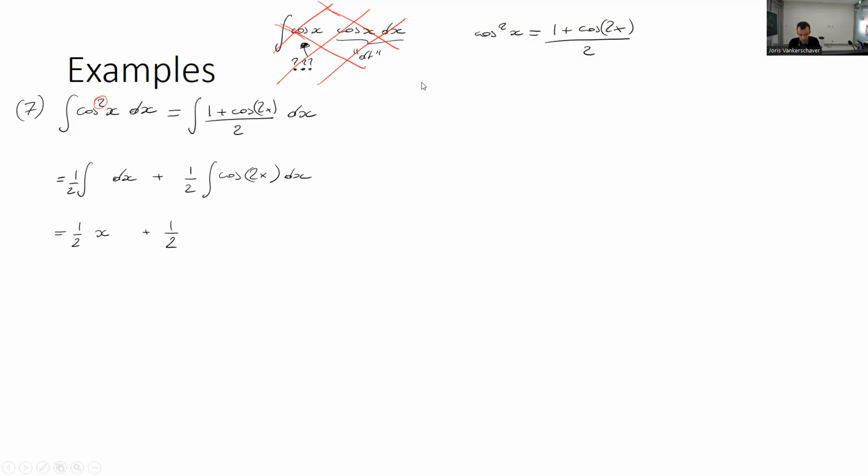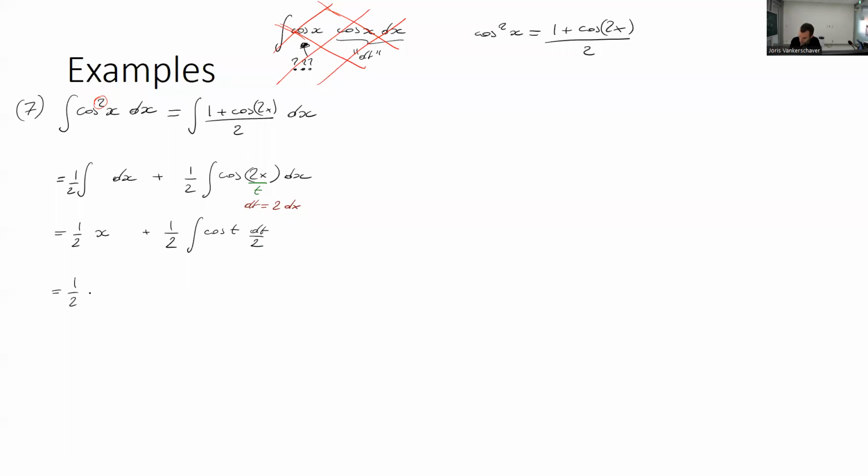So here we need to do one small substitution. Let's write 2x as t. So dt is 2 times dx. And that gives us the integral of cosine t dt divided by 2.